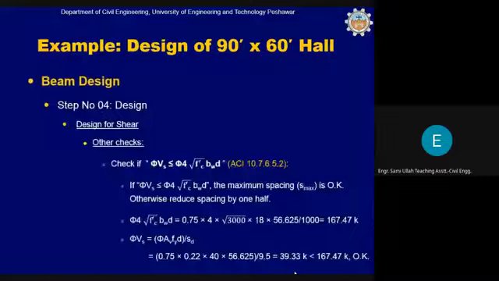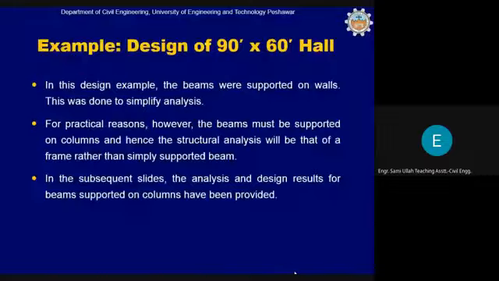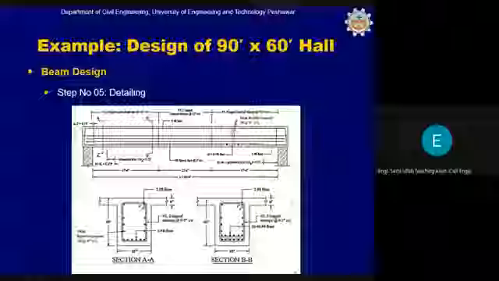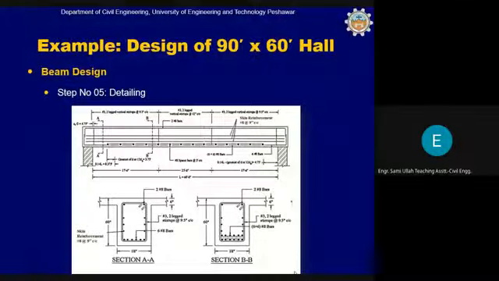I was told that you have already completed 56 slides and you designed the slab using the step analysis, because this was a one-way slab, and you were also able to design a simply supported beam.